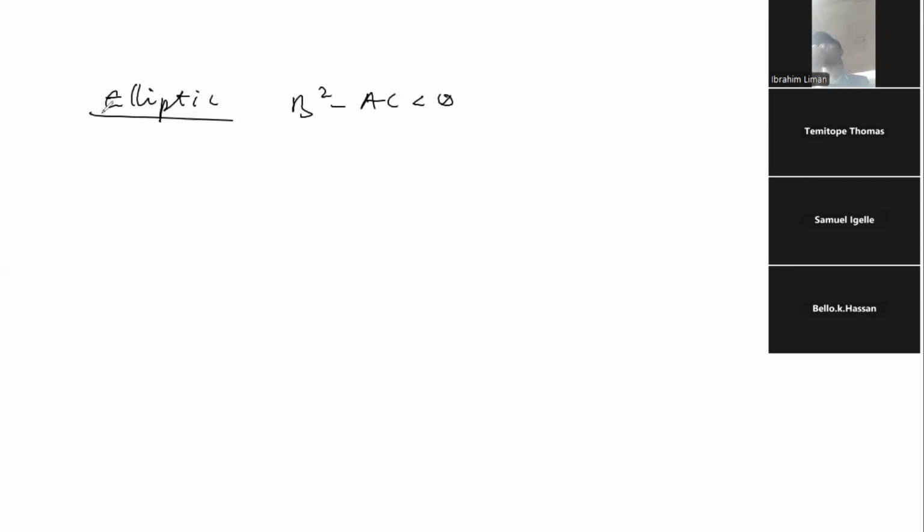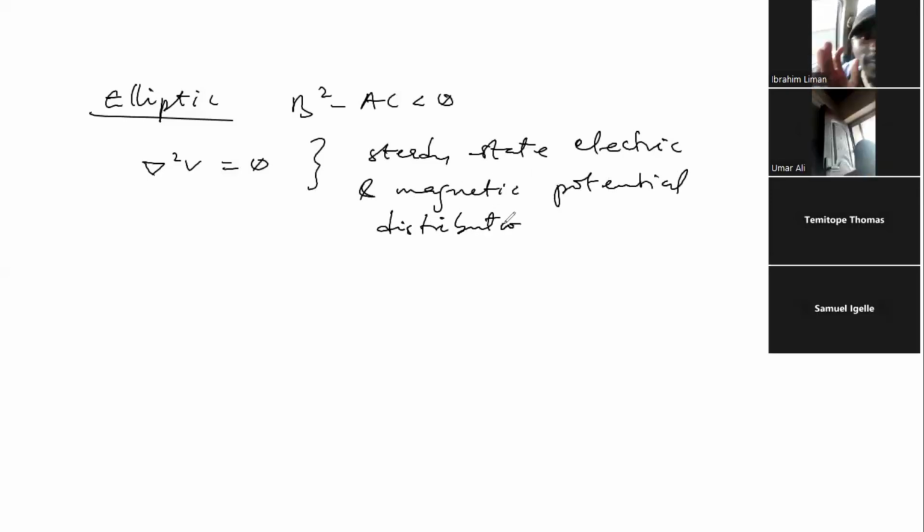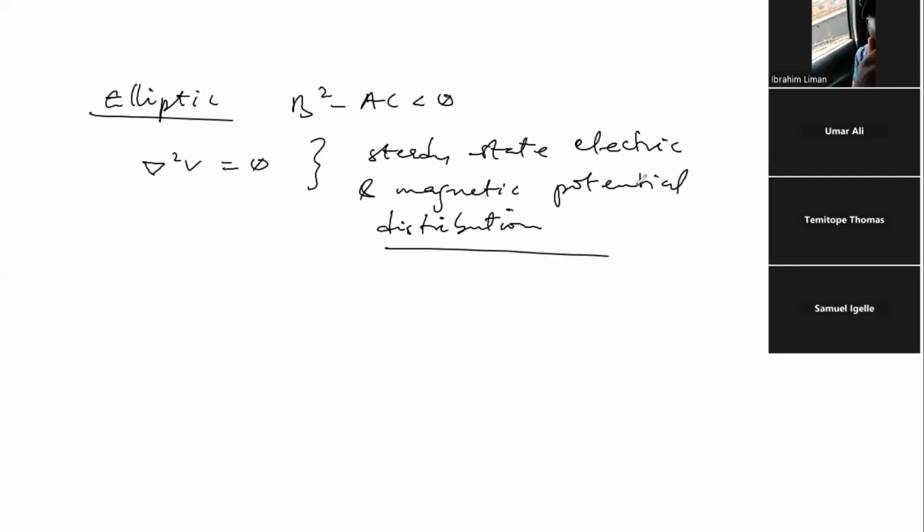Okay, so when we consider electrostatic and magnetostatic fields, then the Laplace equation, that is the Laplacian of V being the same as 0, now governs the steady state electric and magnetic potential distribution. And here you realize that while we are talking about potential distribution, we are not talking about propagation.